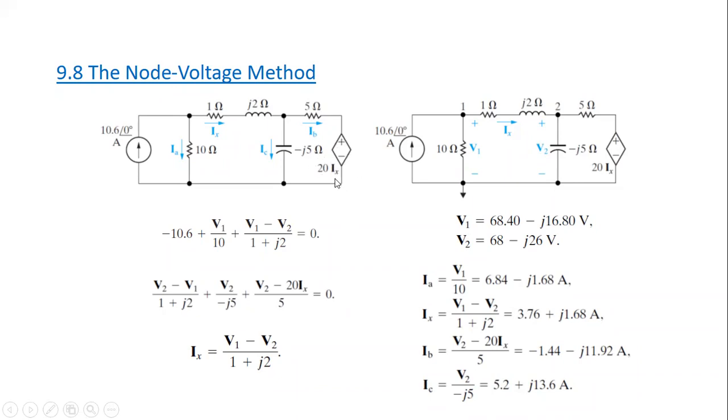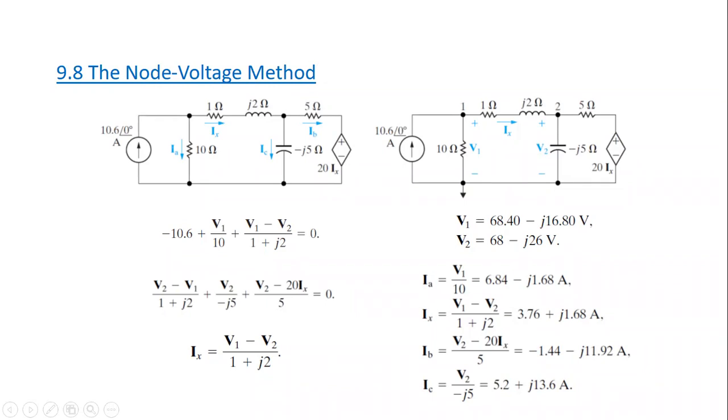And if you look in the circuit for Ix, so here we have Ix. So Ix is the current that is flowing between these two nodes, this node and this node. So this is Ix. So of course, you can solve this circuit using any technique that you want. But since we need to study node voltage method, we will use the node voltage method.